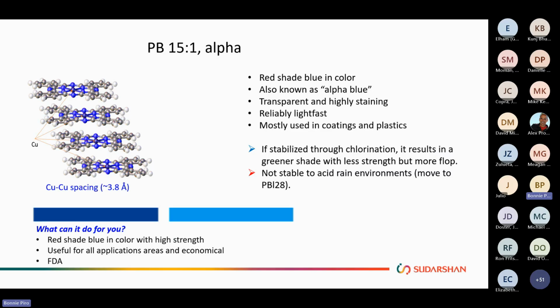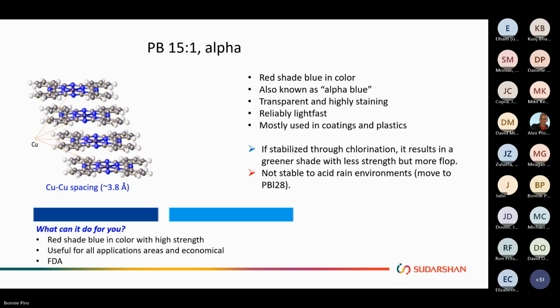So a little bit of a reminder of where these fall in. The 15:1 alpha is to the red shade. It's a well-used pigment, very useful for all application areas.